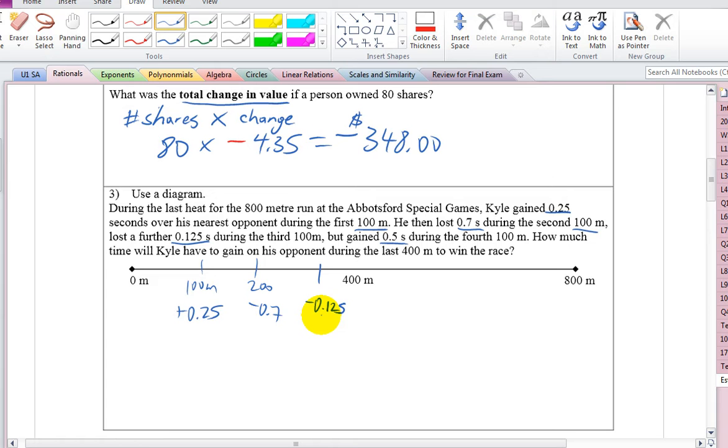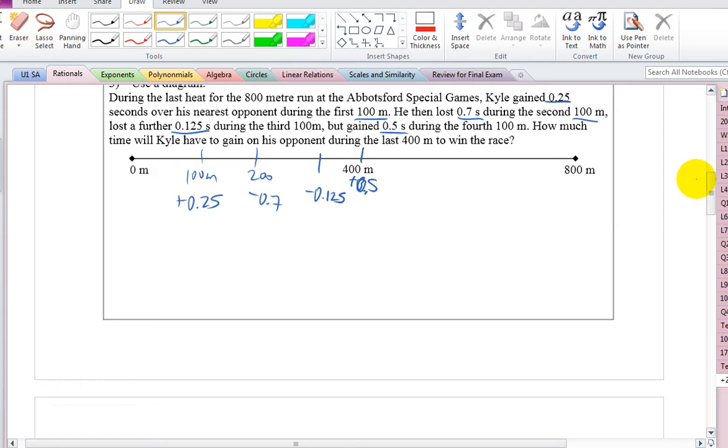Okay. And for the fourth, right here, he gained 0.5 seconds. Okay. So let's total these changes up to see whether he's ahead or behind. So 0.25 plus negative 0.7 plus negative 0.125 plus positive 0.5.